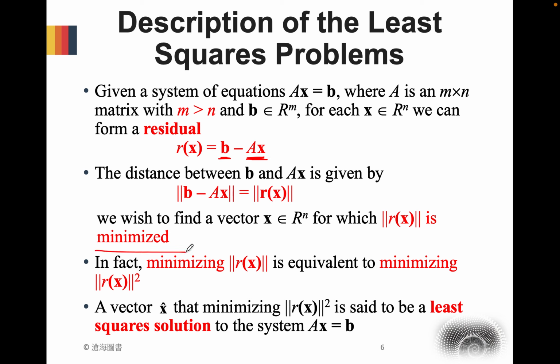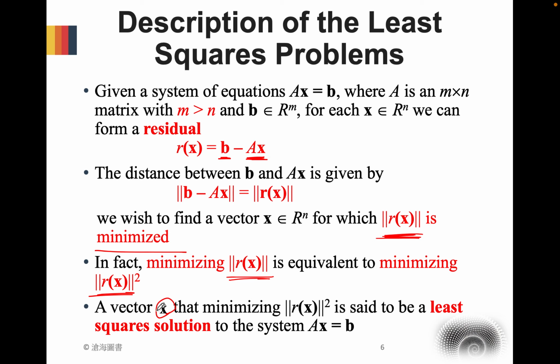So we want to minimize the residual. In this kind of optimization problem, minimizing the norm of the residual is equivalent to minimizing the square of the norm. The final result is the same. So we want to find a vector x hat that minimizes the square of the norm of the residual.